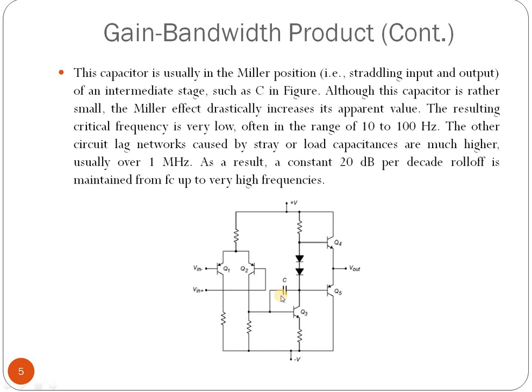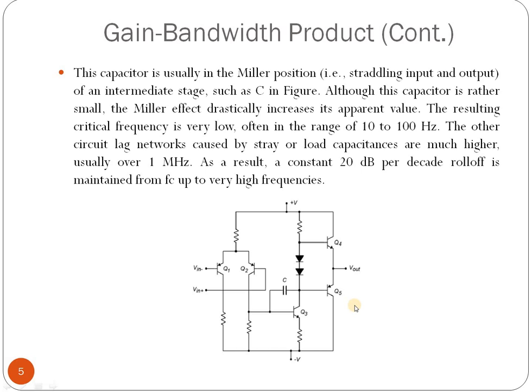This one is the capacitor. When the capacitor value is very low, then the critical frequency is also very low. Often the range is from 10 to 100 Hertz. But when the load capacitance is much higher, then the frequency is also higher, something like more than 1 megahertz.